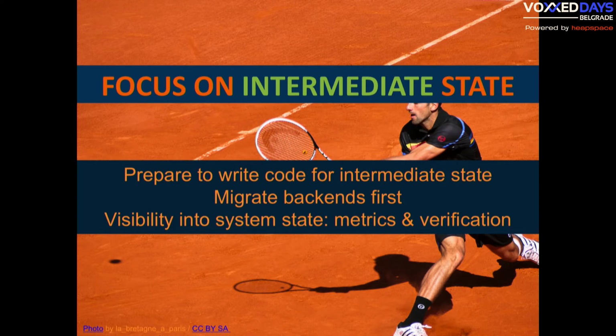And make sure to migrate backends first, because that's what allows you to prove that the new architecture is actually able to scale to the extent that you think it is, before you make any visible changes to the user. And finally, make sure to invest energy into having good visibility into the system, so that if anything goes wrong, you're able to detect why, and see the whole story instead of wondering what might have happened and not having full understanding of what's going on.